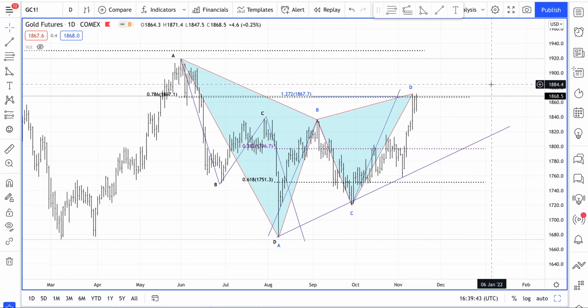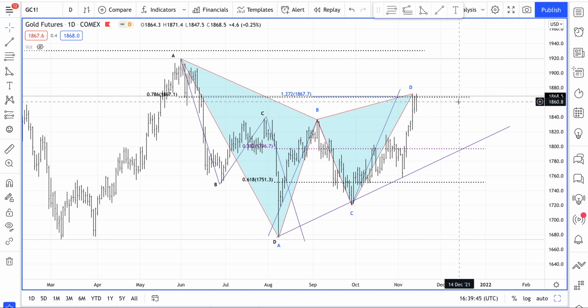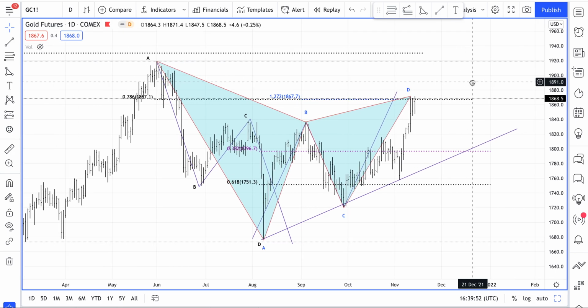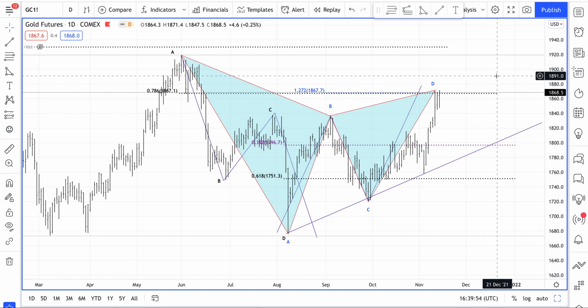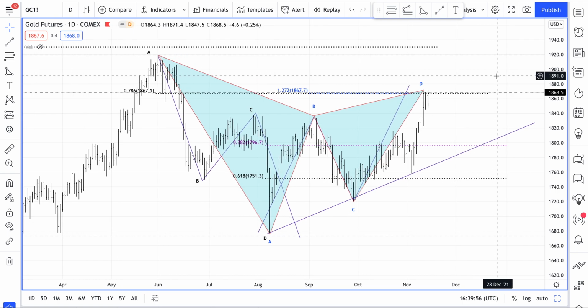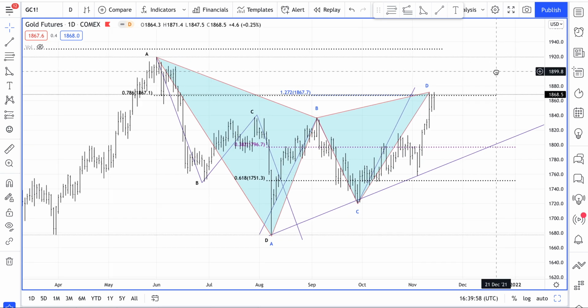Before price moves higher, it's really important that it takes this level of 1867 to 1877 out with conviction, on a closing basis. We'll need to see at least 2 days of closing prices for it to move higher.